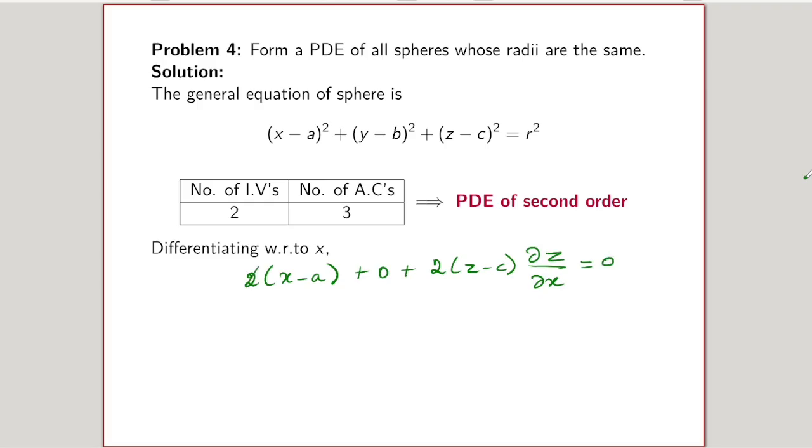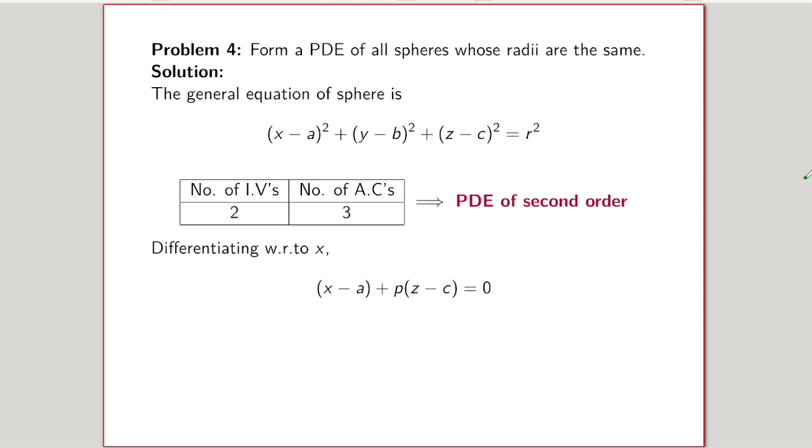Now we can cancel this 2 on both sides, and this can be written as (x minus a) plus (z minus c) into p is equal to 0. So let us take this as equation number 1.